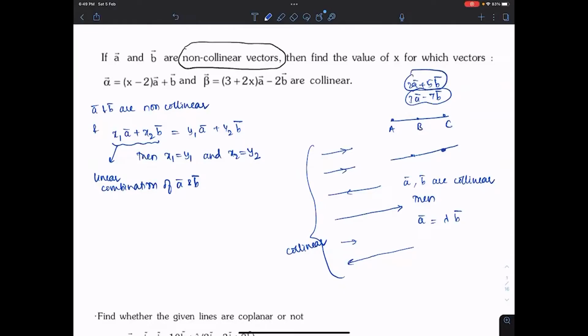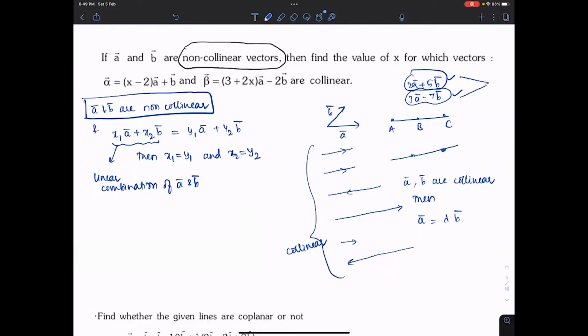Okay. So provided A bar and B bar are non-collinear, that means A bar and B bar are in different directions, then different combinations will give you different vectors. No 2 combinations will give the same vector. Not possible. That is what they are saying.